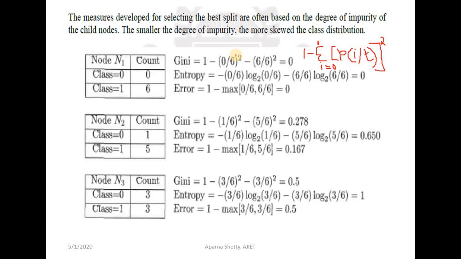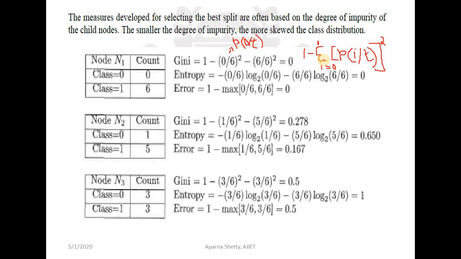So it is 0 by 6 the whole square, minus, for class 1, the count is 6 divided by the total count, which is also 6. So minus 6 divided by 6, the whole square. For class 0 we have P of 0 given t and P of 1 given t.